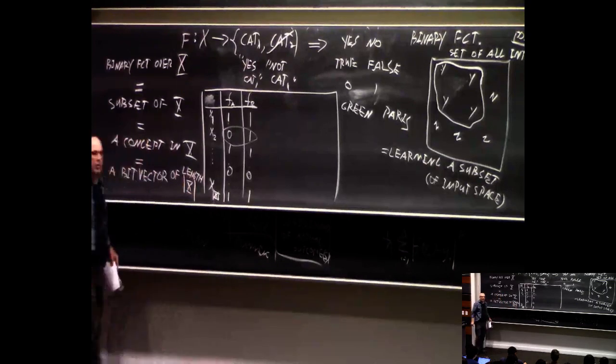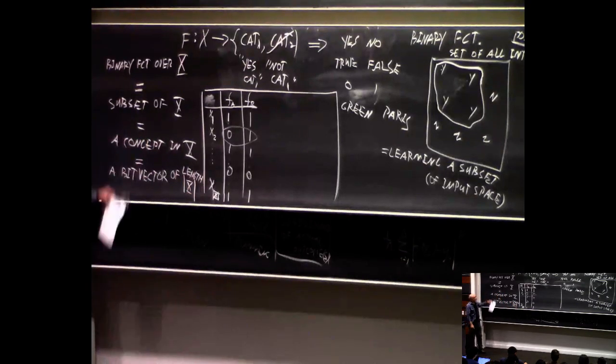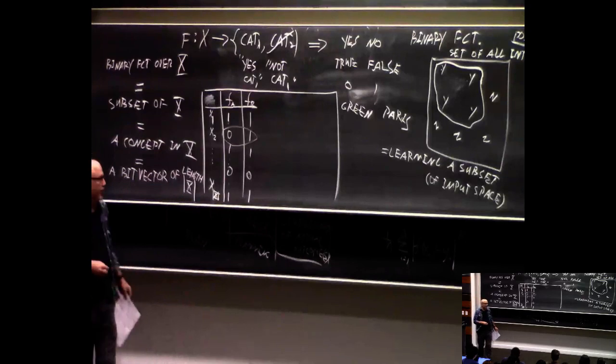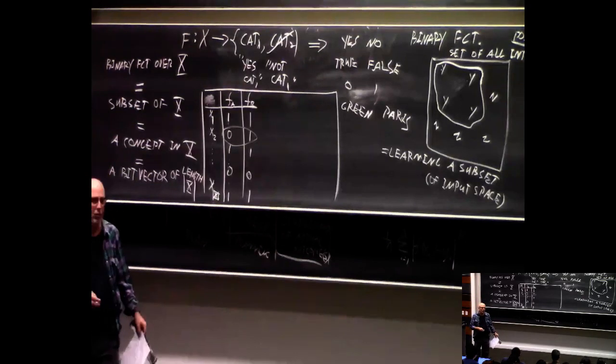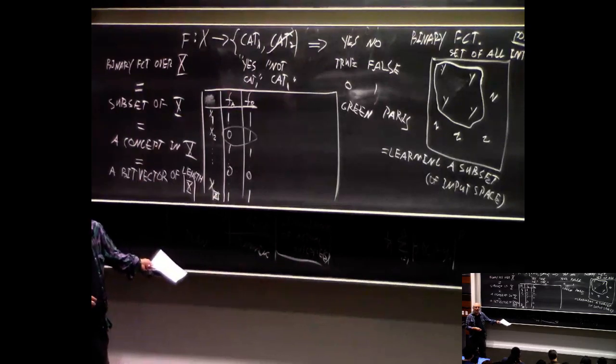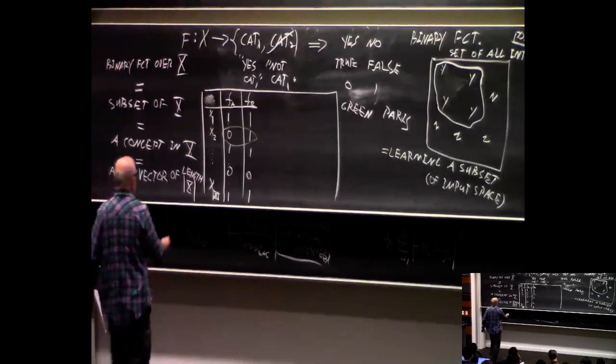A bit vector of length |X|. These are all the same. Sometimes it's easier for us to think in one of them than in the other, but we should be able to move between them. How many bit vectors are there of this length?